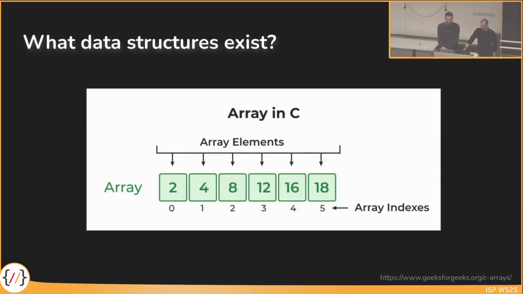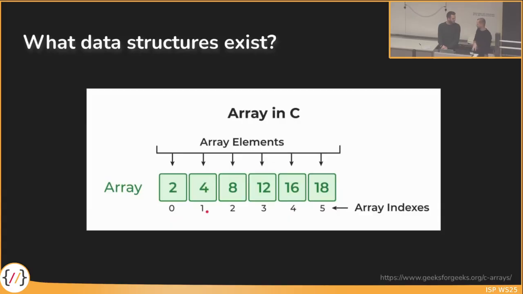So we have in this example an array of integers, and they are structured in a specific way. They are one after another, and we can access them with their indexes. But these arrays have some advantages, of course, because I can go to the next element by just incrementing my memory location.